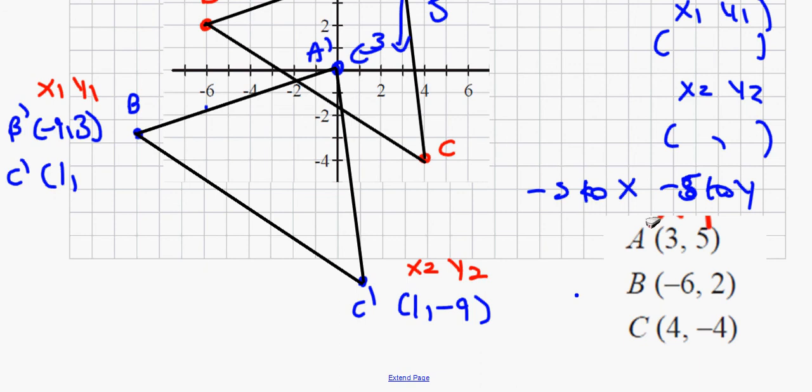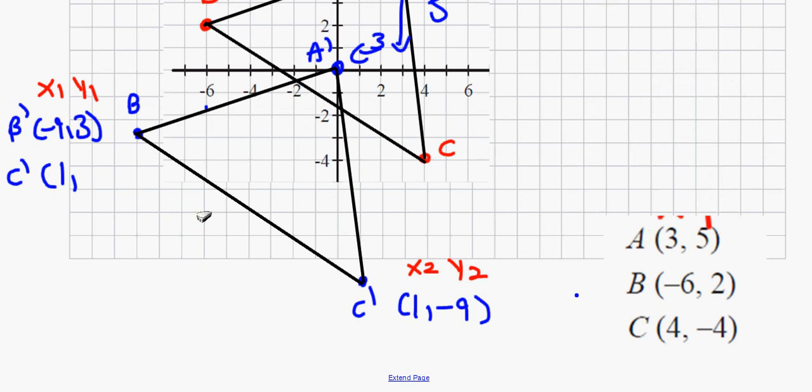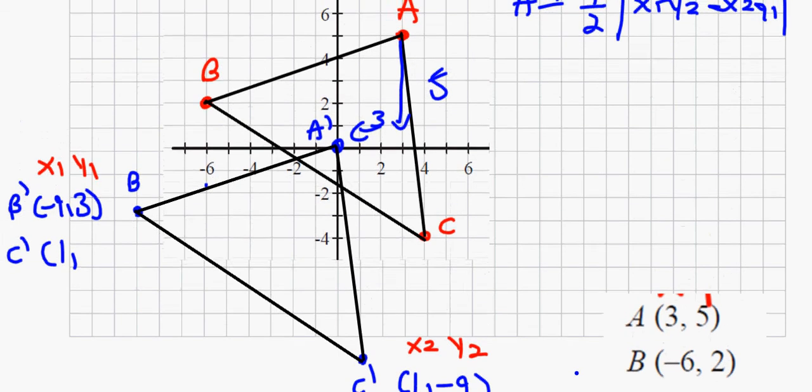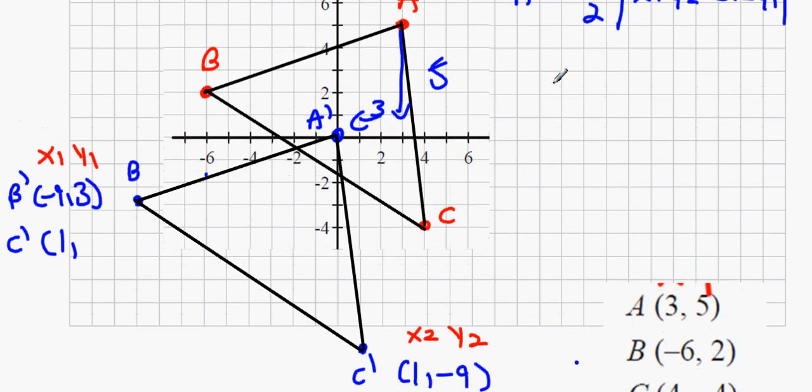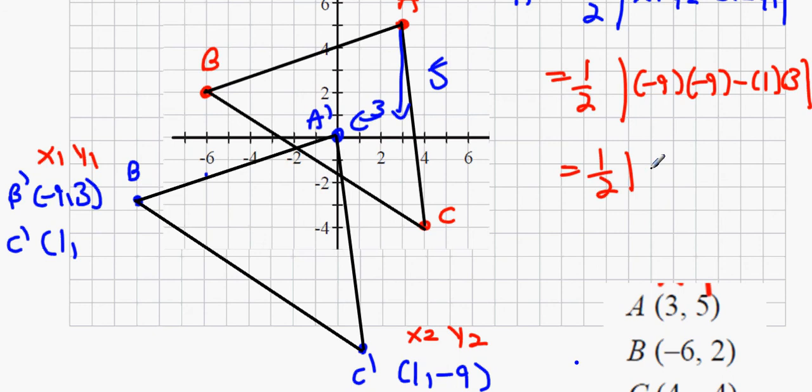So all we have to do is use our formula, and it says a half x1, which is minus 9, by y2, which is another minus 9, minus x2, which is 1, and y1 is 3. So we're going to get a half of 81 minus 3.